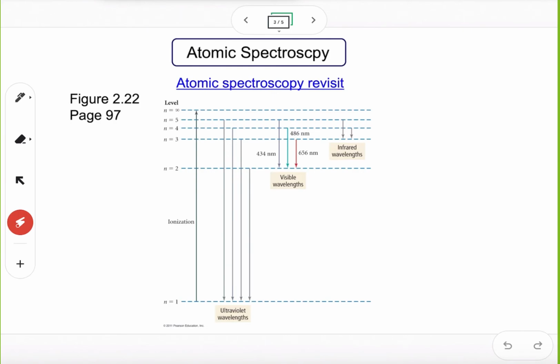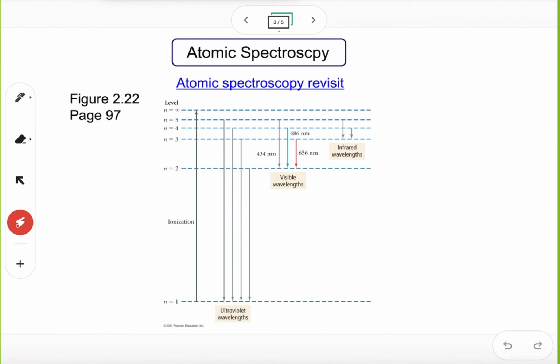Remember when we discussed the 4 quantum numbers in topic number 2, we did the calculation, and I showed you the energy levels for the different n values. For n equals 1, the energy is the lowest, so it's the most stable orbital.